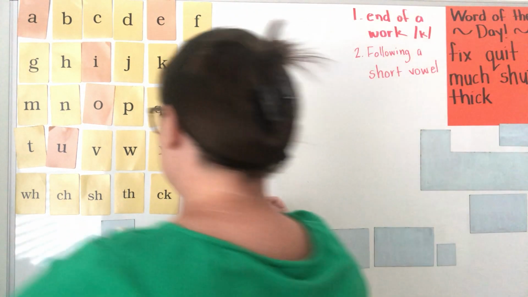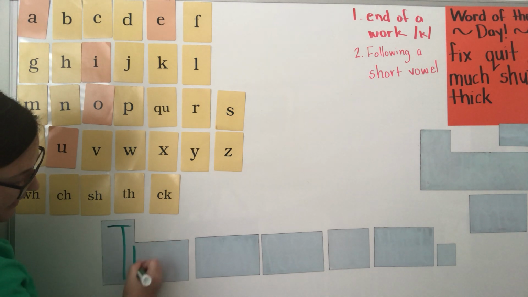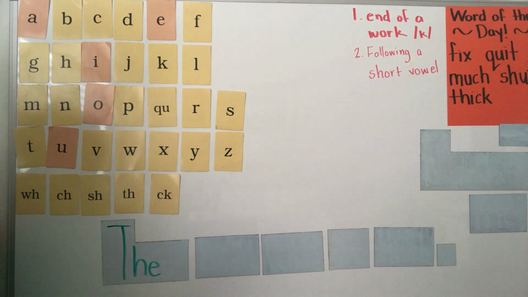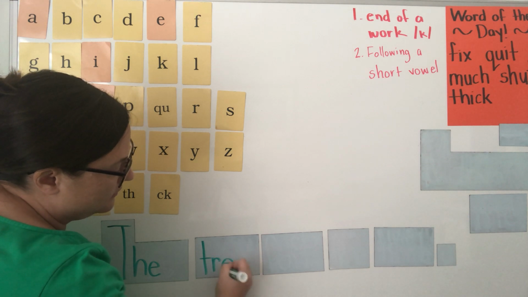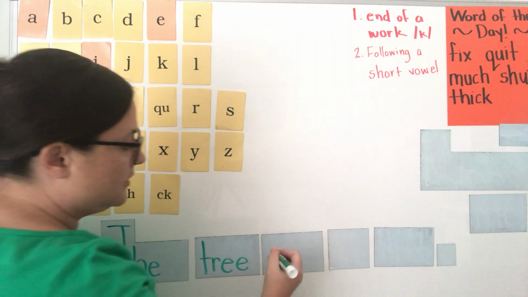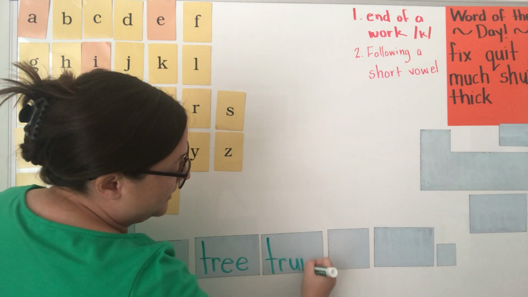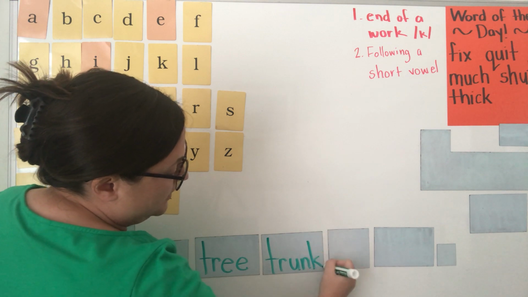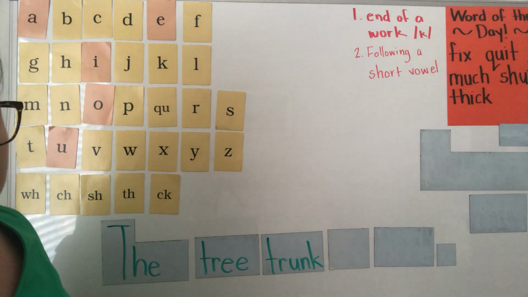The is my first word, and that's a trick word that we should know, TH. Tree is a word that we will talk about soon, because that's long E sound. The tree trunk, and then we're also going to talk about this sound, which is a fun one. It's called a glued sound, unk. We'll talk about that very, very soon.